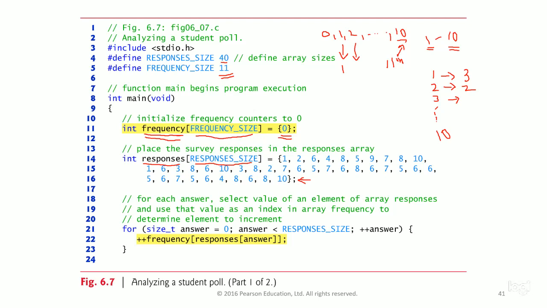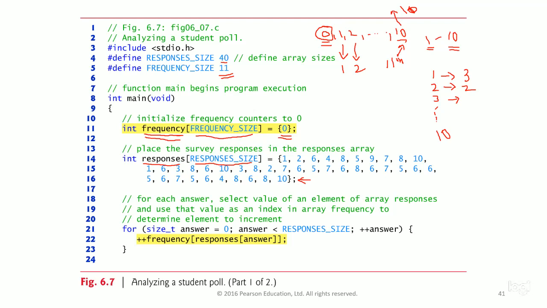Index number 2 will count how many times the number 2 occurred, and index 10 will count how many times the number 10 occurred. This is more natural than using 0 to 9, because that would be a bit more complicated. You can do it, but it would make the program more complicated, and since there are no zeros, we're really going to ignore this value.